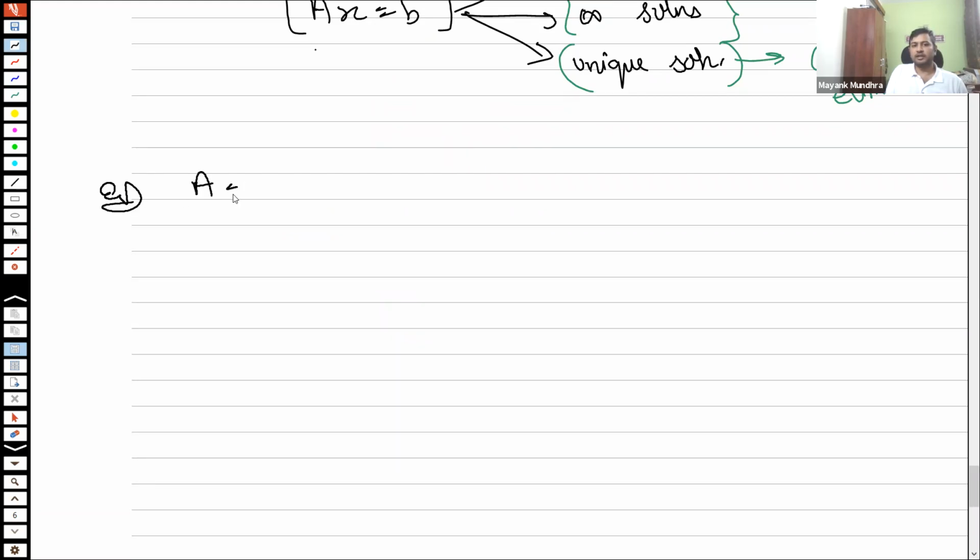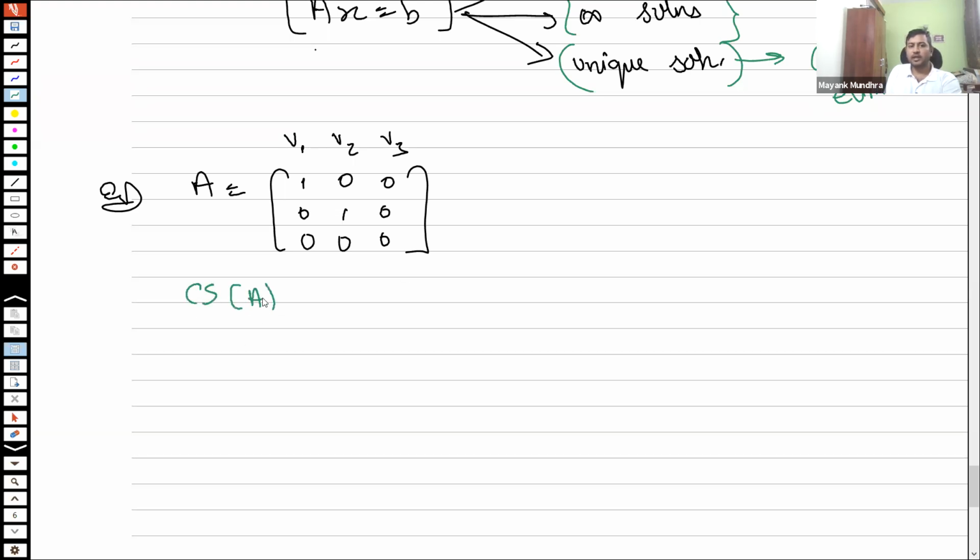So suppose your matrix A is 1 0 0; 0 1 0; 0 0 0. So these are your V1, V2, and V3. V3 is basically the 0 vector. So if I look at the column space of A in the XYZ vector space, that is the R cube vector space, the column space of A is going to be the XY plane, right?